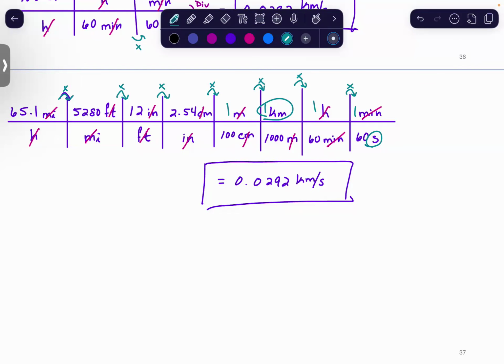Again, anywhere you don't see a number, there's a 1 there. Then on the bottom, I have 1 times 1 times 1 times 1 times 100 times 1,000 times 60 times 60. And then once I have all those multiplied up, I'm going to divide the top by the bottom, and I get my final answer.